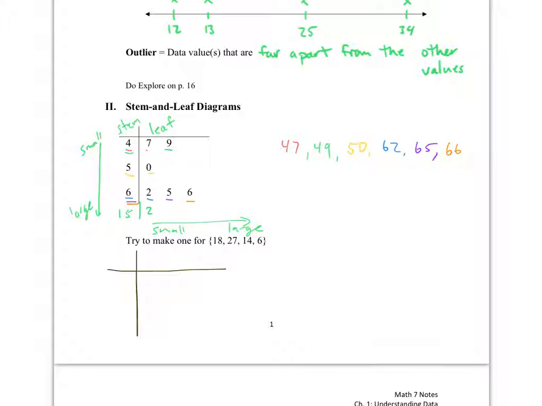What is your smallest number in this list? 18, 27, 14, 6. 6. Is there any number in the tens place for the 6? No, so we would put a 0 for the tens place. And then to the right of the line, you would put your number 6.